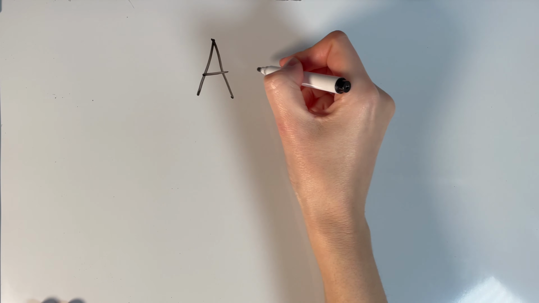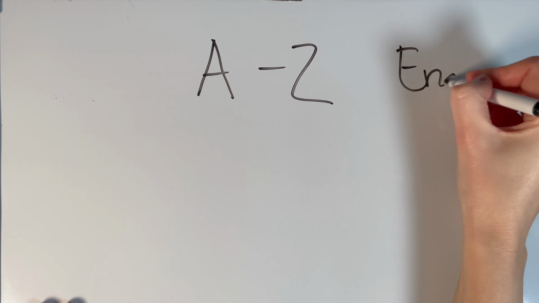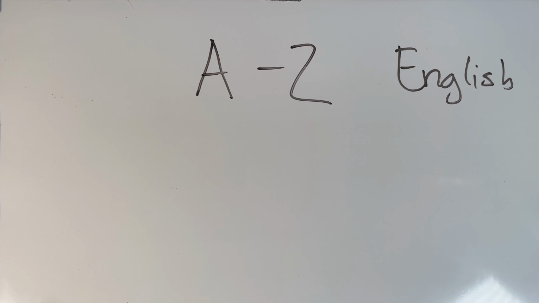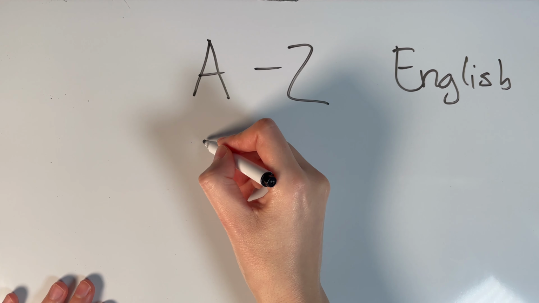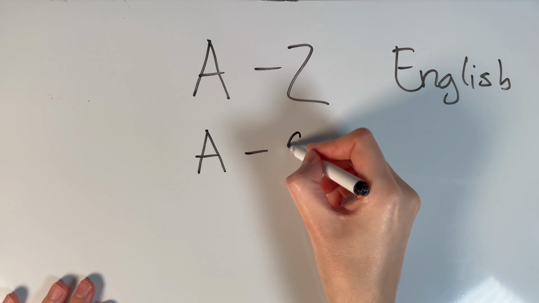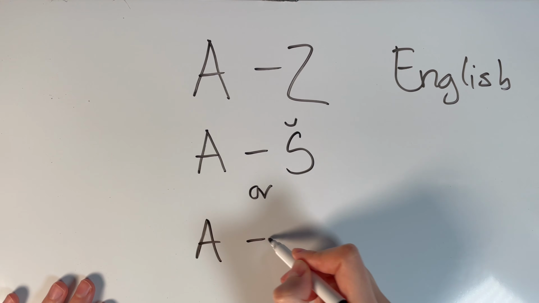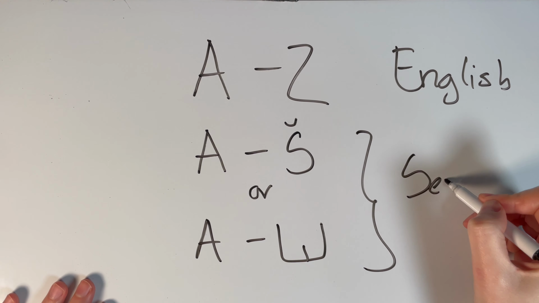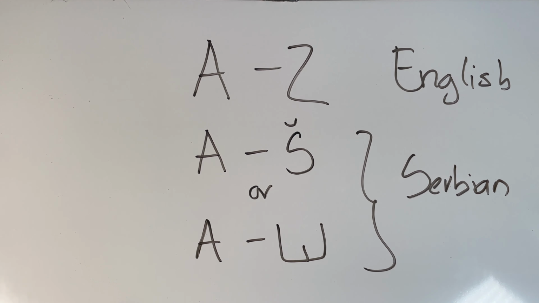In English when you say, tell me something from A to Z, we say from A to Š. That means od A do Š, which basically means tell me everything. And that's how we know that Š is the last letter.